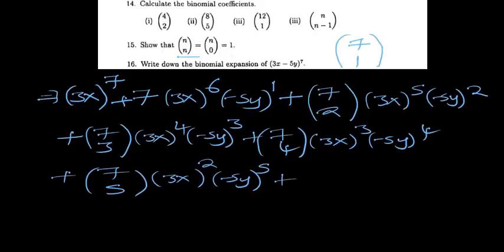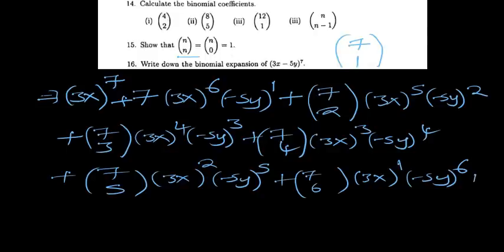And then 7 choose 6, 3x to the power 1, negative 5y to the power 6. And then finally we add the last part, which is negative 5y raised to the maximum power 7.